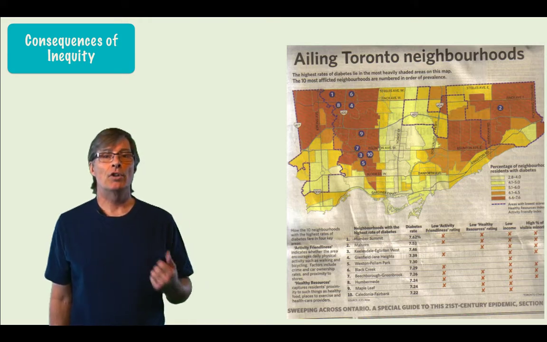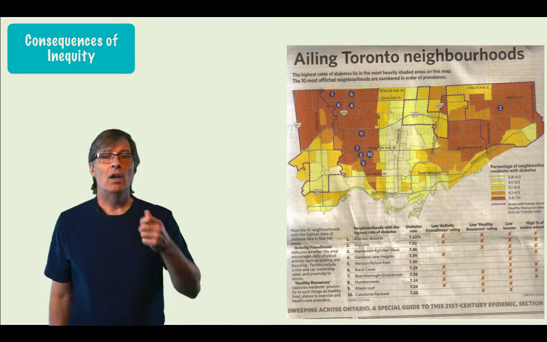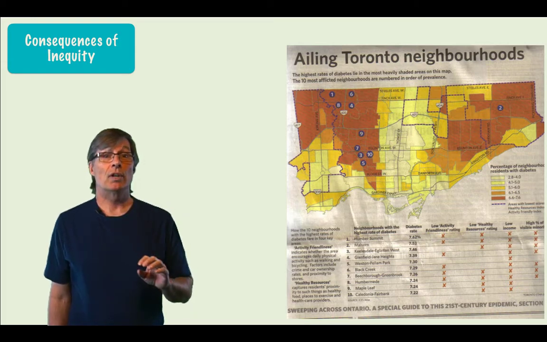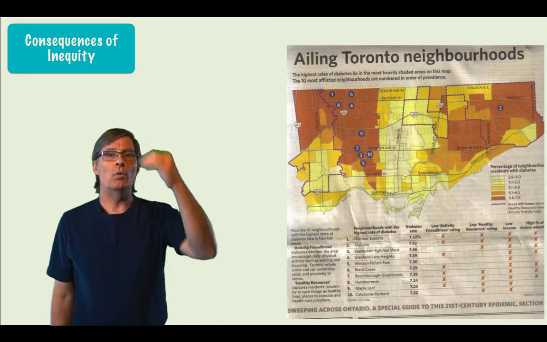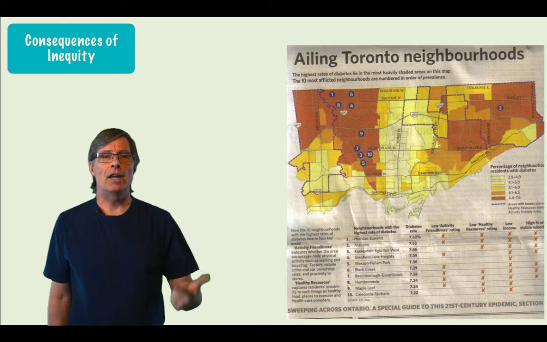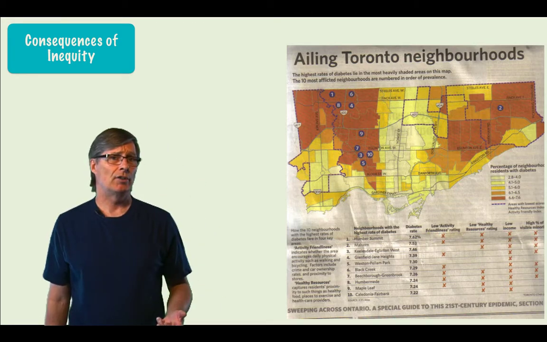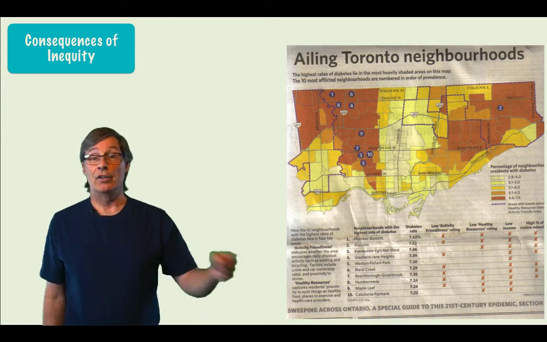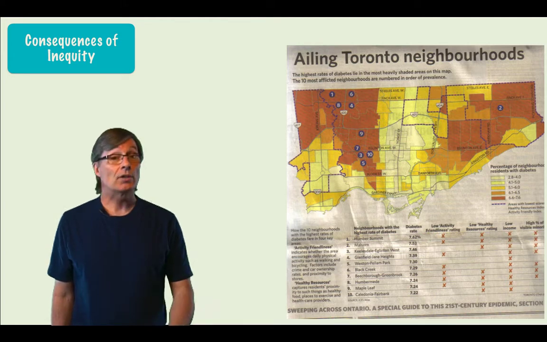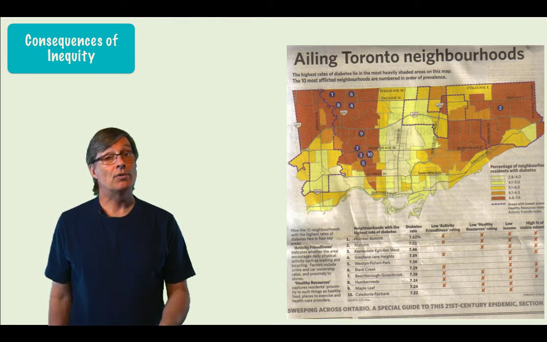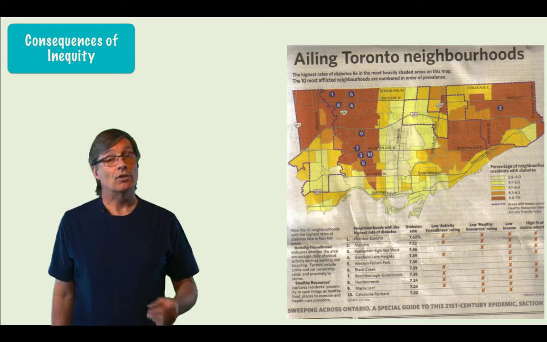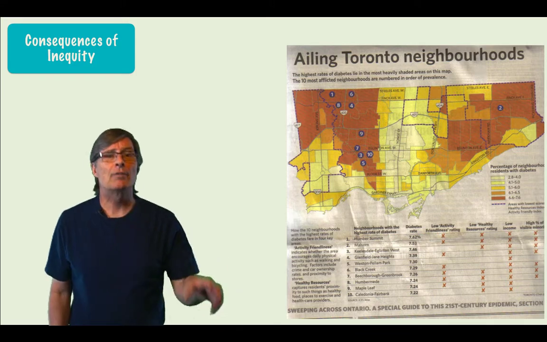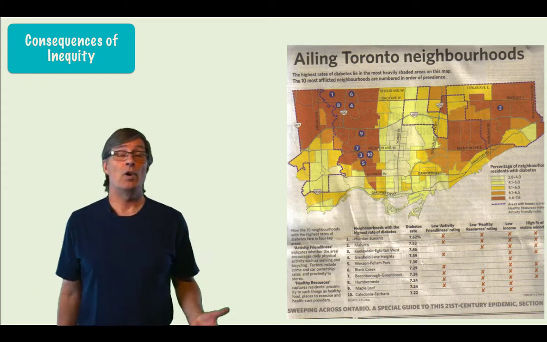And the report notes that the rich are, proximity-wise, very close to good food, good health care, and recreational activities. The poor are much further away in their communities from doctors, fresh food and vegetables, and recreational activities. So it even shows that by virtue of where you live, you have greater opportunities for health and wealth.